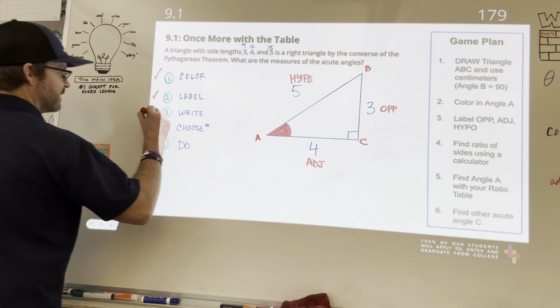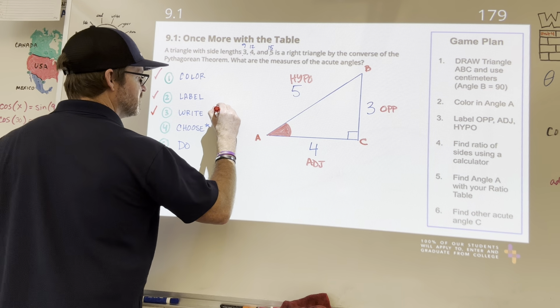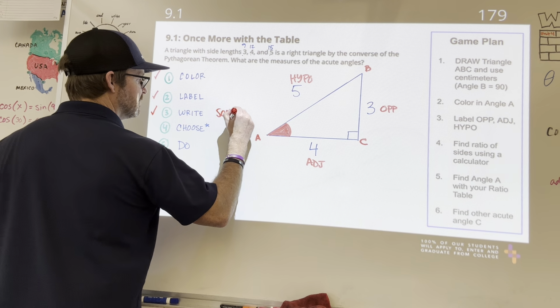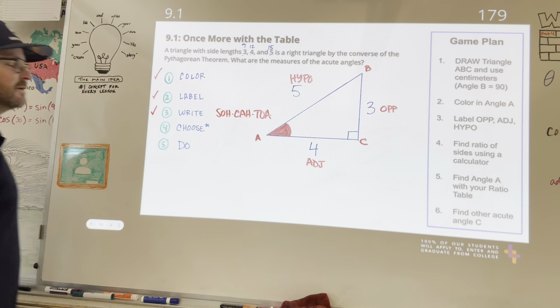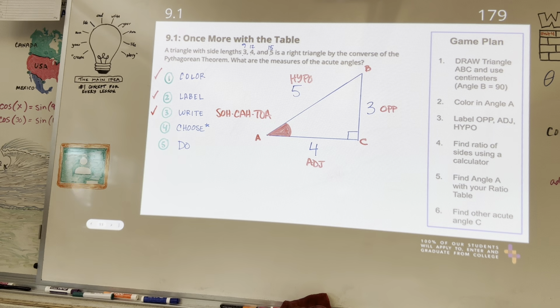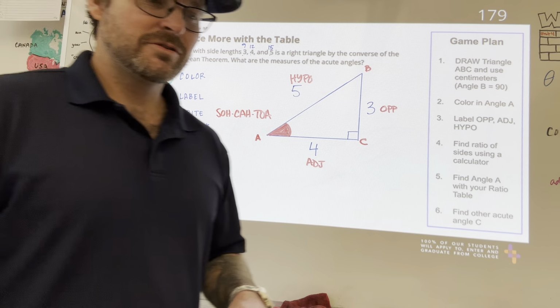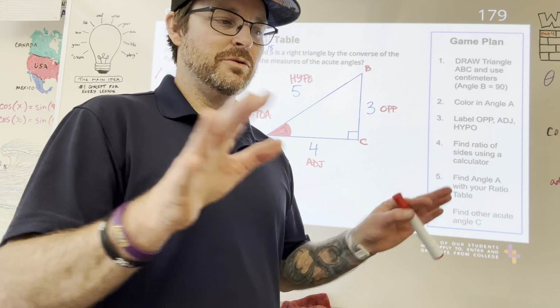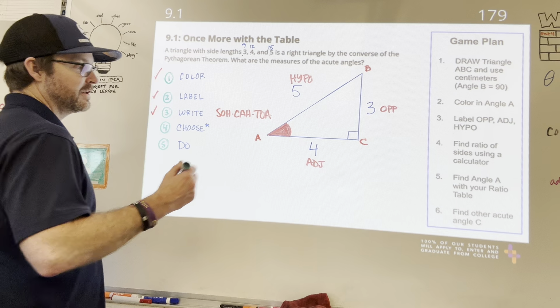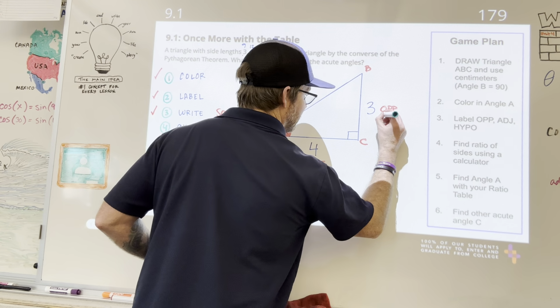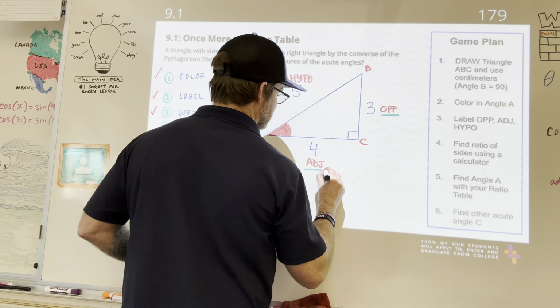Now you write again, so, SOH, CAH, TOA. And you have to make a decision here. You can use any one of the sides on this part. So I'm gonna just go op adjacent, okay?